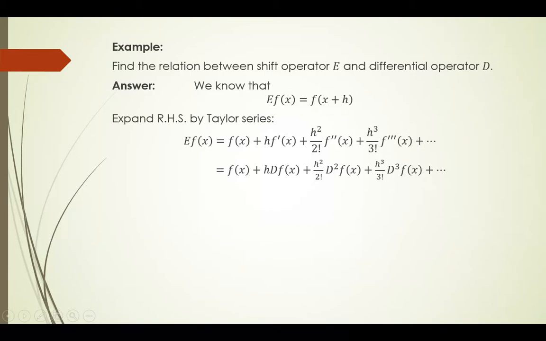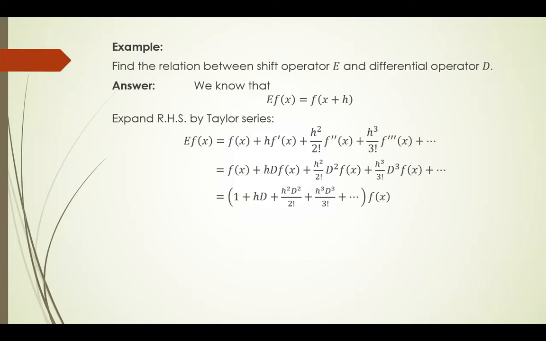We see that in this equation, f of x is common in all those terms. So we have taken f of x common from all those terms. It means that 1 plus hD plus h square D square divided by 2 factorial plus h cube D cube divided by 3 factorial, and so on, whole multiplied by f of x.